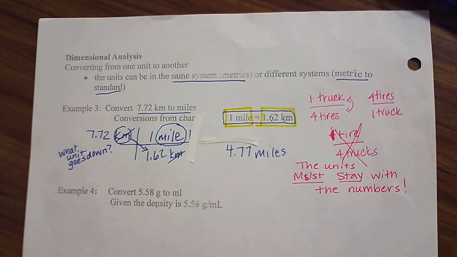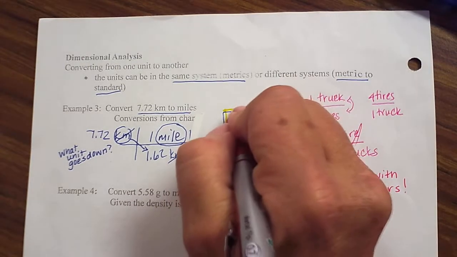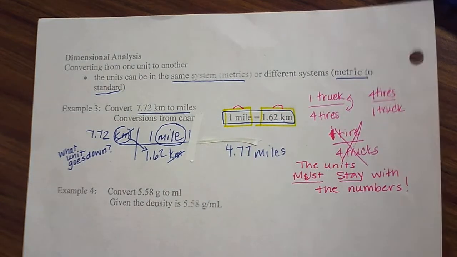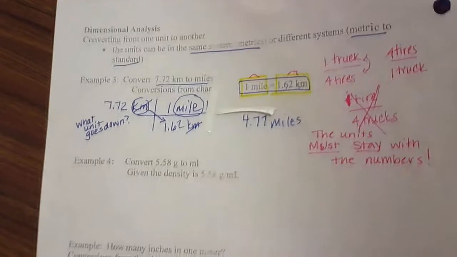It's going to seem really obvious for a long time, but then it's going to get really complicated, and I'm going to say to you in class over and over again, the numbers and the units must stay together. So this is really important. Okay, let's move on to the next one. Here, the 1 and the mile have to stay together, and the 1.62 and the kilometers have to stay together.